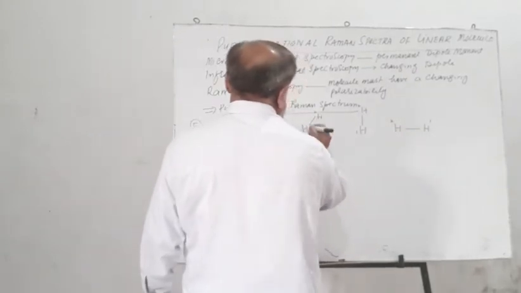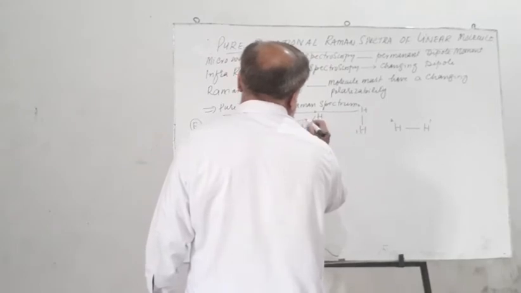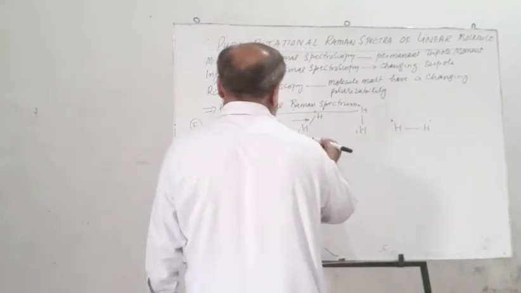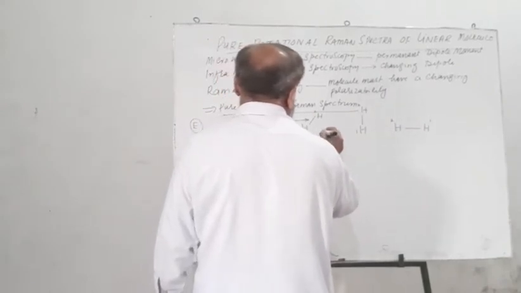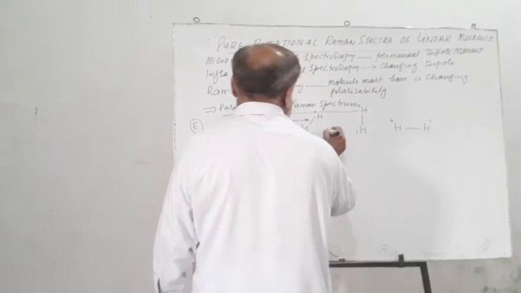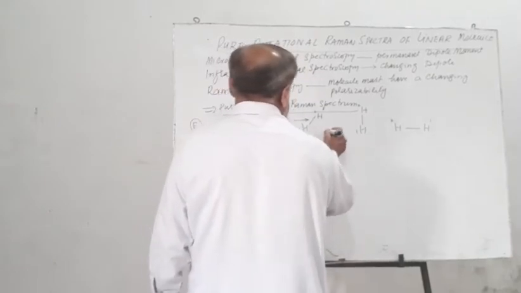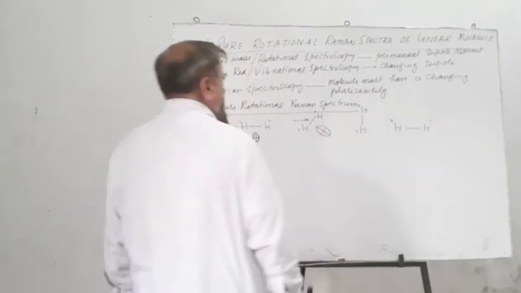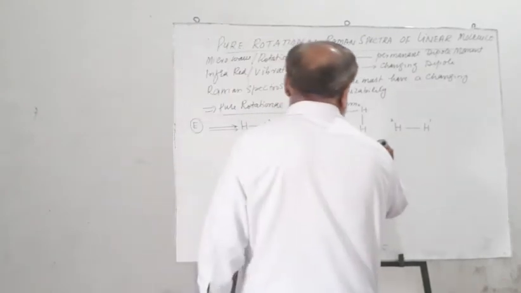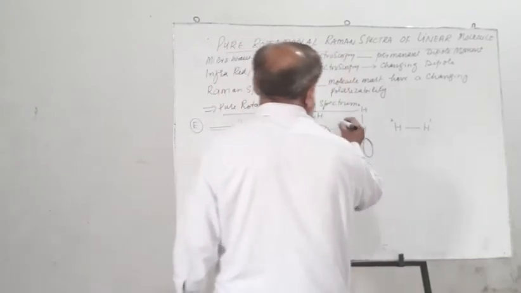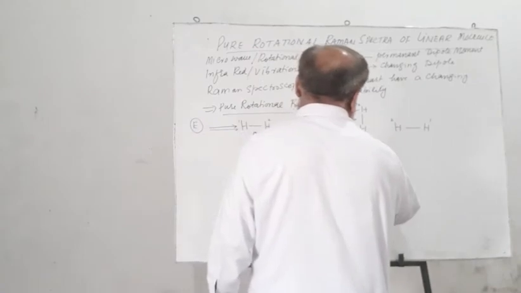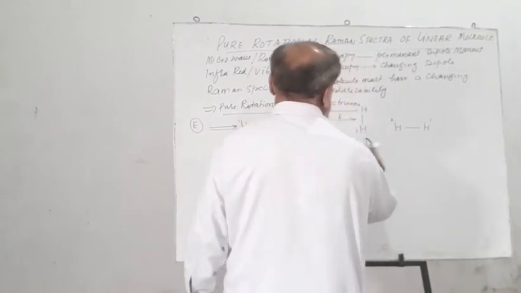In this case, as the electric field is at a certain angle to the hydrogen molecule, to the bond axis, the polarizability will be slightly smaller than the first one, and it will be represented by a larger ellipsoid. Here, as the electric field is perpendicular to the bond axis, we will have a large ellipsoid.